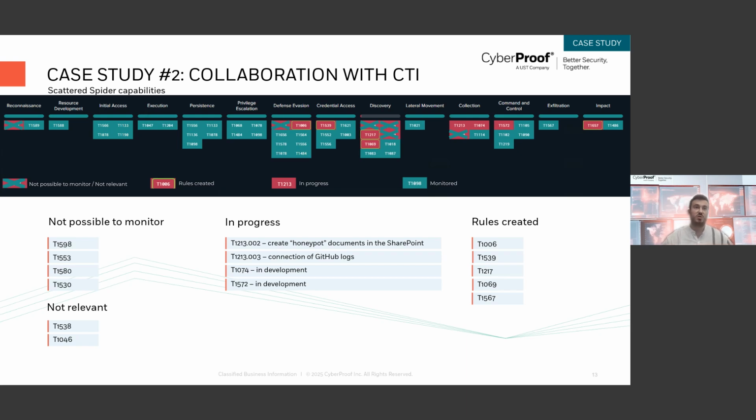We have a pretty nice set of GitHub rules to monitor not just this one specific activity, but everything that can potentially happen in GitHub. Also, some of the rules were already created. You can see them on the right-hand side. This is an example of how we research a specific threat group and make sure that our customers are totally protected against them.